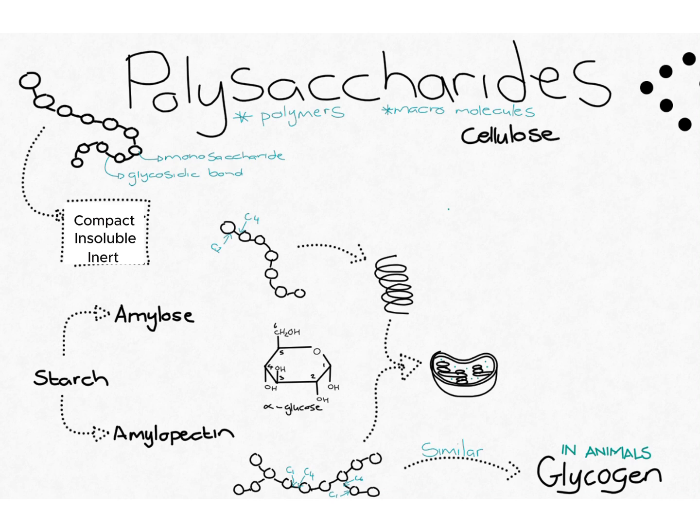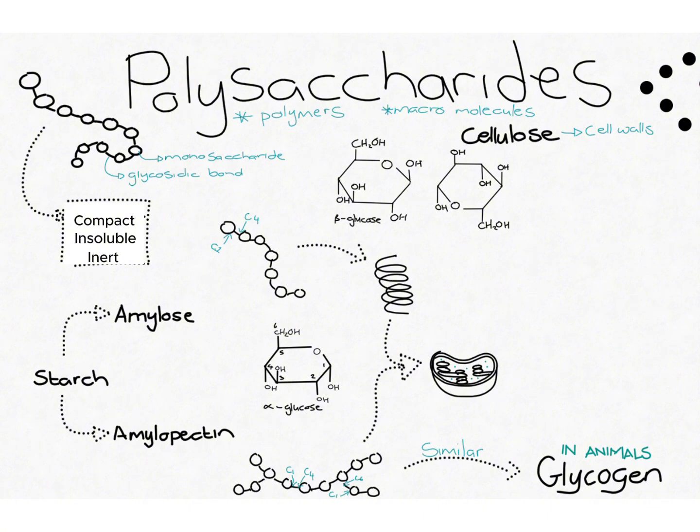Cellulose is one of the most abundant organic molecules as it is found in the cell walls of all plants. Alpha glucose will not be suitable to use as a structural monomer as it is too easily broken down by enzymes. Thus, cellulose consists of beta glucose. Beta glucose has a slow rate of breakdown and will make cellulose mechanically strong.